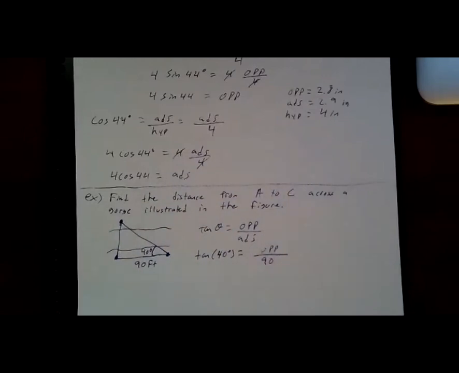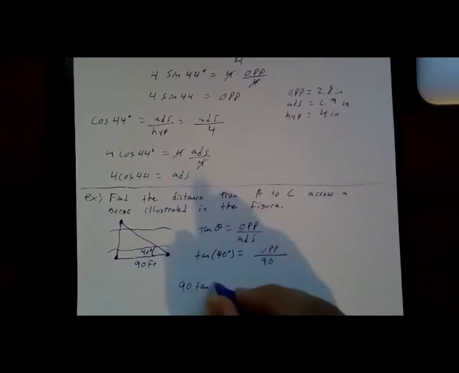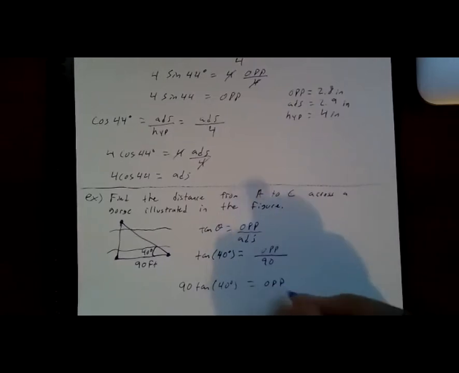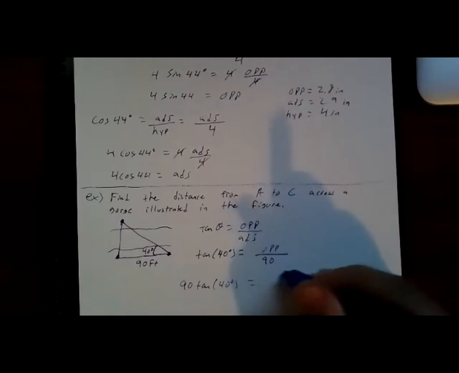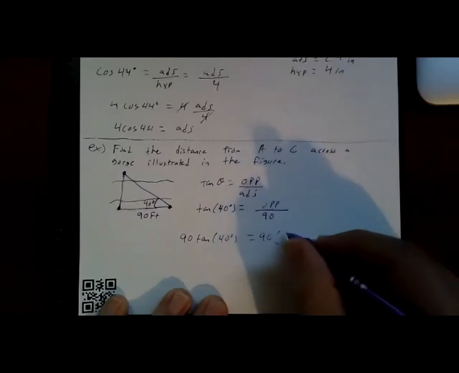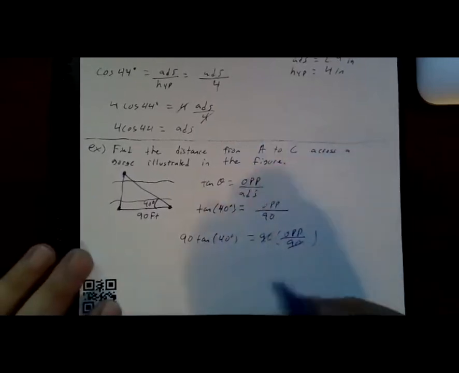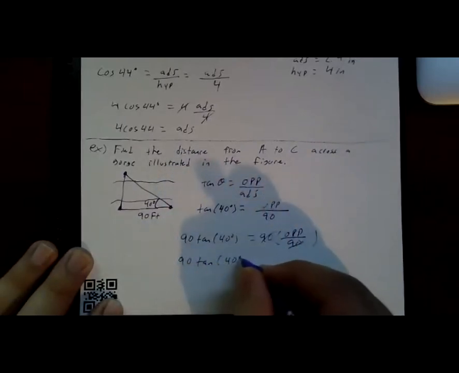There we go. So then, similar to what we did before, just multiply that fraction out, and we should be good. So multiply by 90 on both sides. 90 times opposite over 90 cancels, which means that this value is now the opposite side.